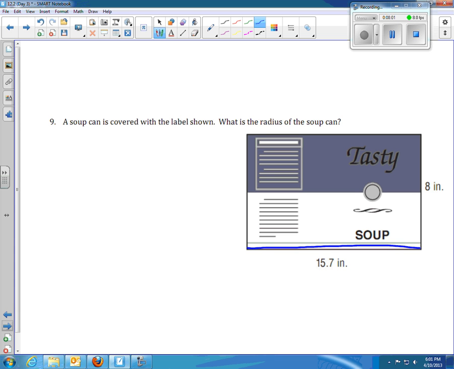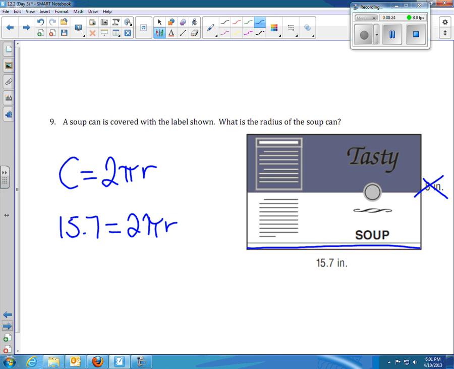So it's the distance around the circle. Remember, distance around circle is circumference, which is 2 times pi times r. All right, so we have our distance around, so we can put in 15.7 equals 2 pi r. So we actually don't even use this 8 inches here. It's just there to screw us up.